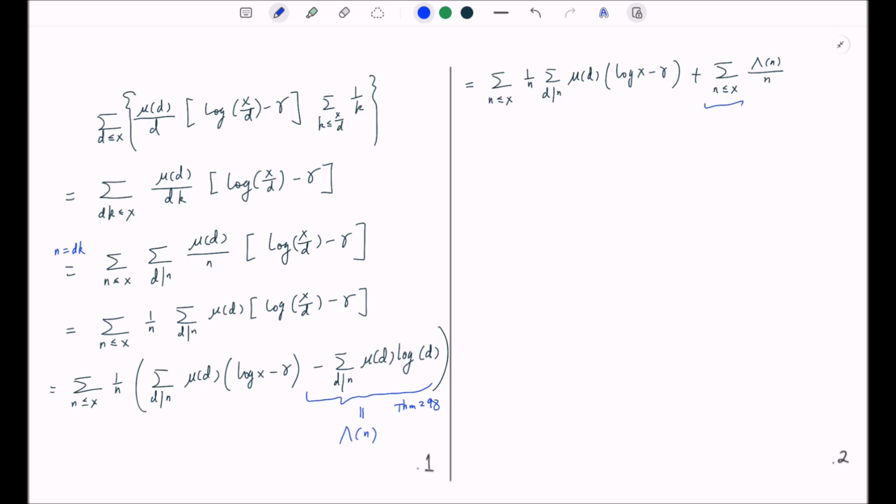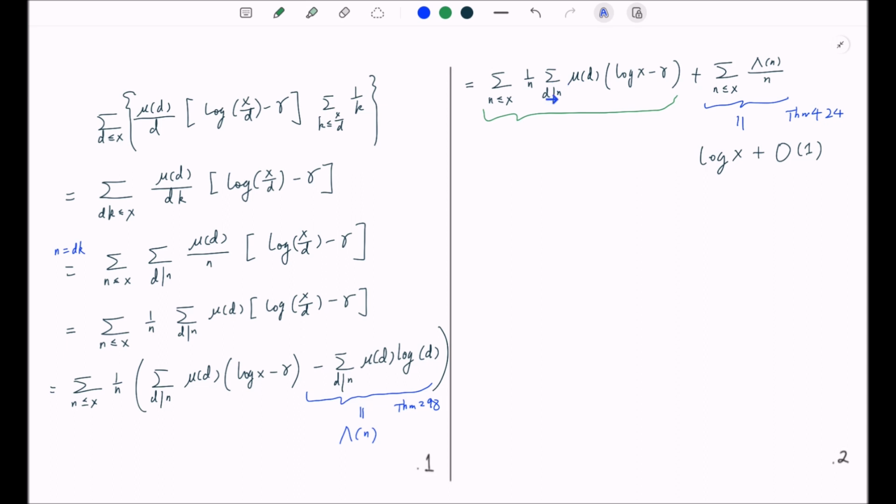Which, by theorem 424, is equal to log of x plus big O of 1. Now what about the first part?